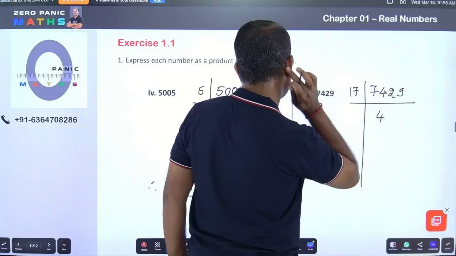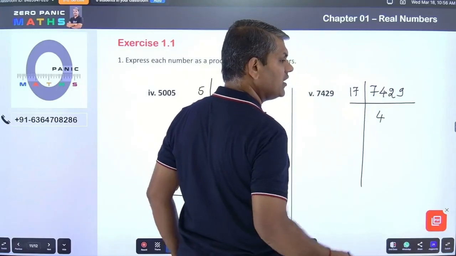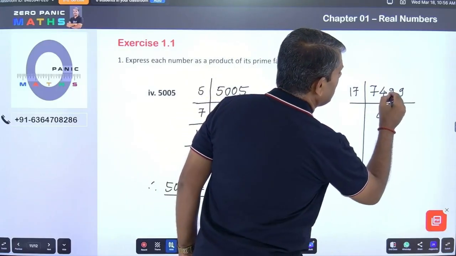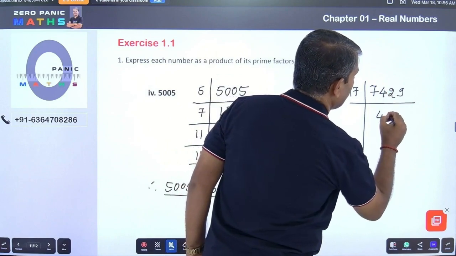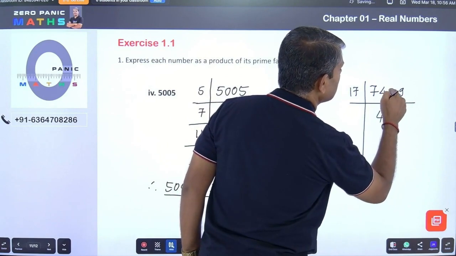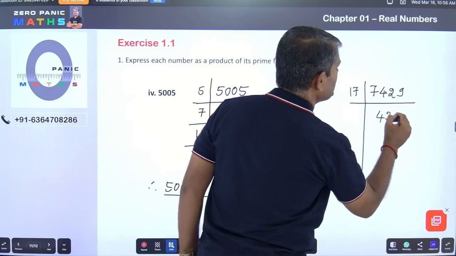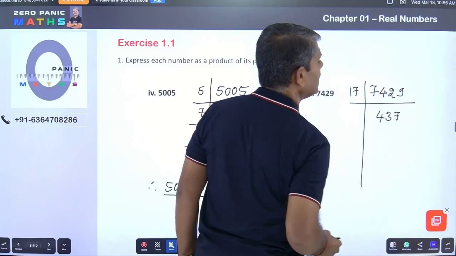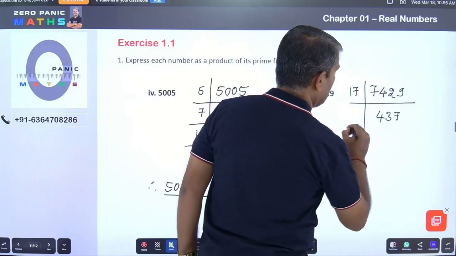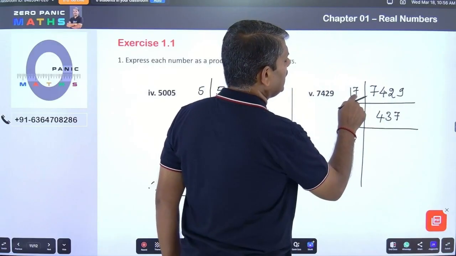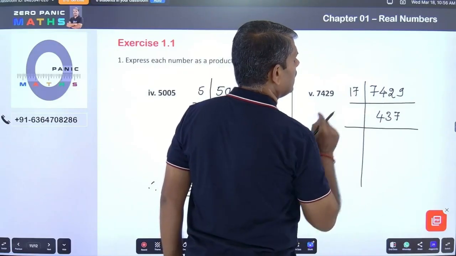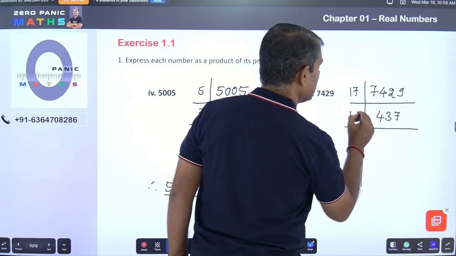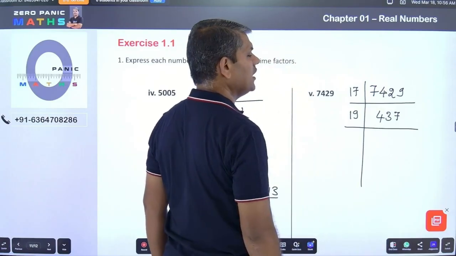So 17 threes are 51, 11 remains, it became 119, and 17 sevens are 119. Now 17 cannot also be the factor of this, so I'll go with the next prime factor of this, which is 19.